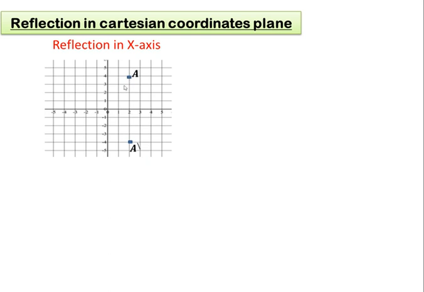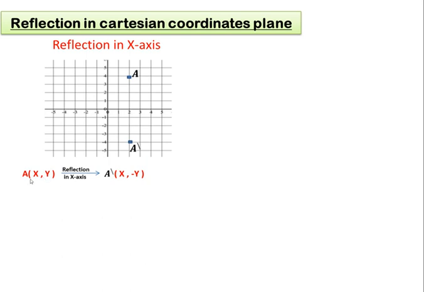We note that the point A is determined by two numbers, on the x-axis and y-axis. If we look at the point A, it is (2, 4), but the point A dash, the image of A, is (2, -4). Then what changed? The coordinate on the y-axis. So when reflecting in the x-axis, what changes? The y-coordinate.